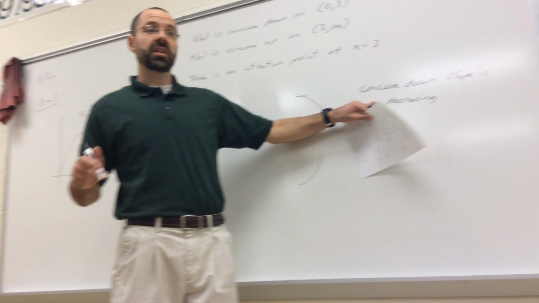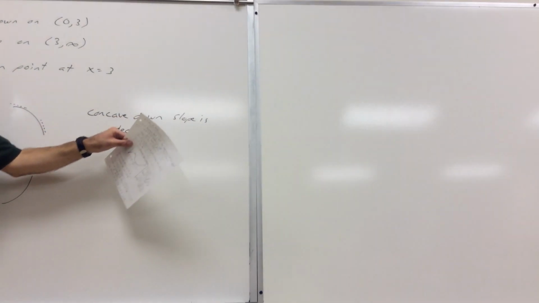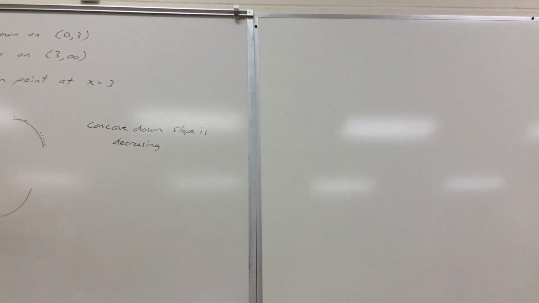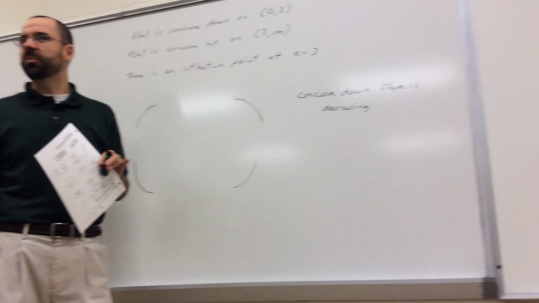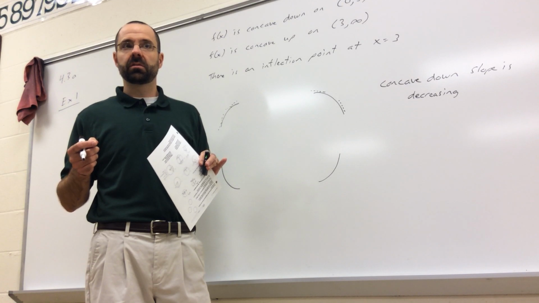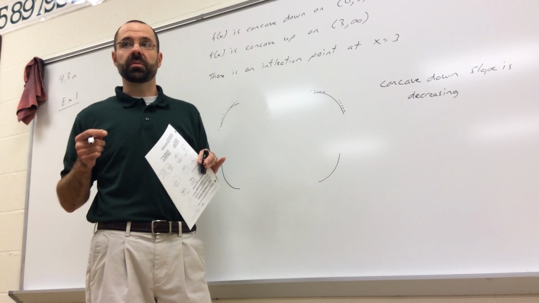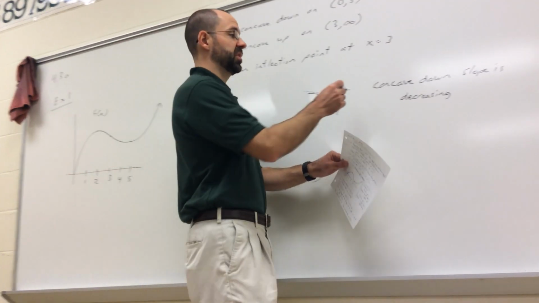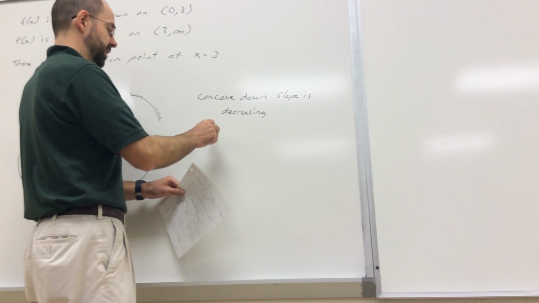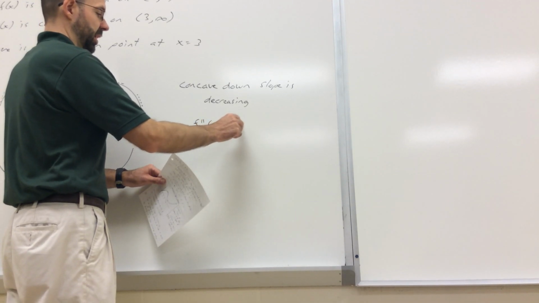So this is kind of interesting because it's talking about the change of the slope. So it's talking about how the slope is changing, which would be the derivative of the slope. The change of the slope is the derivative of the slope. So if the slope is decreasing, that means that f double prime is negative.